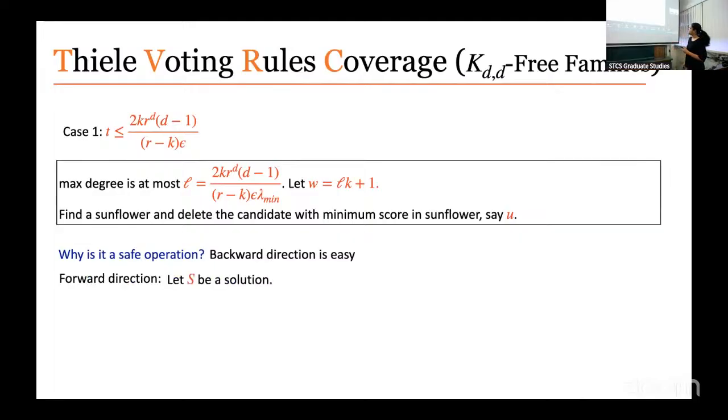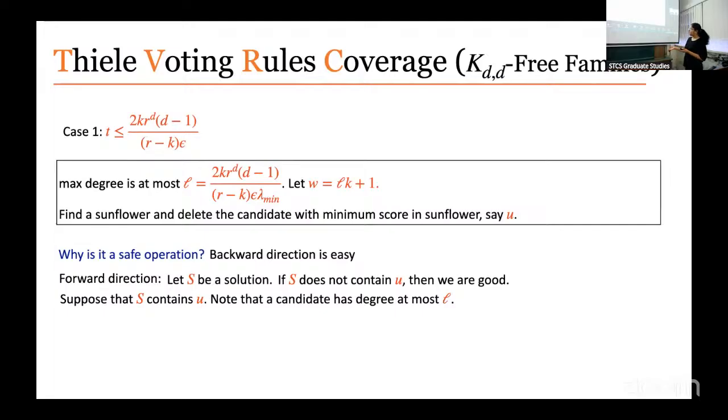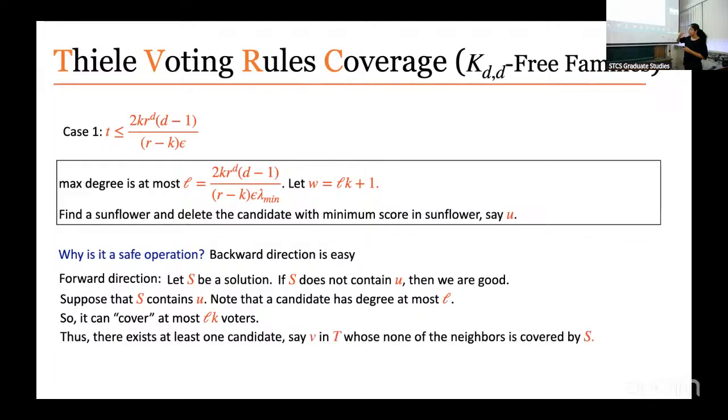Let's look at it quickly. If S does not contain U, the vertex that we deleted, then also we are good. Now suppose S contains U. Remember that every candidate has degree at most L, so this can cover at most LK voters. Because our sunflower is of size LK plus 1, there exists a candidate whose neighborhood is completely untouched by our solution.